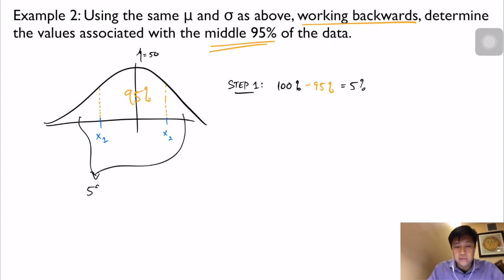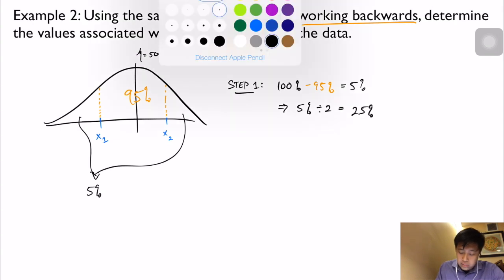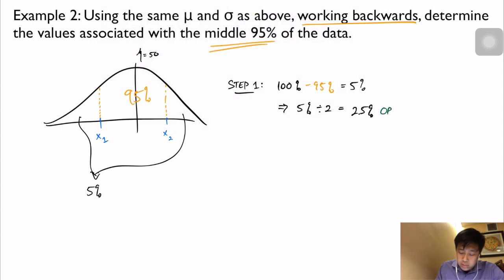But since we work from left to right, we can only use half of that. So we have to take 5% divided by 2, and that gives us 2.5%, or the better way to think of this, 0.0250. Make sure I did that right.